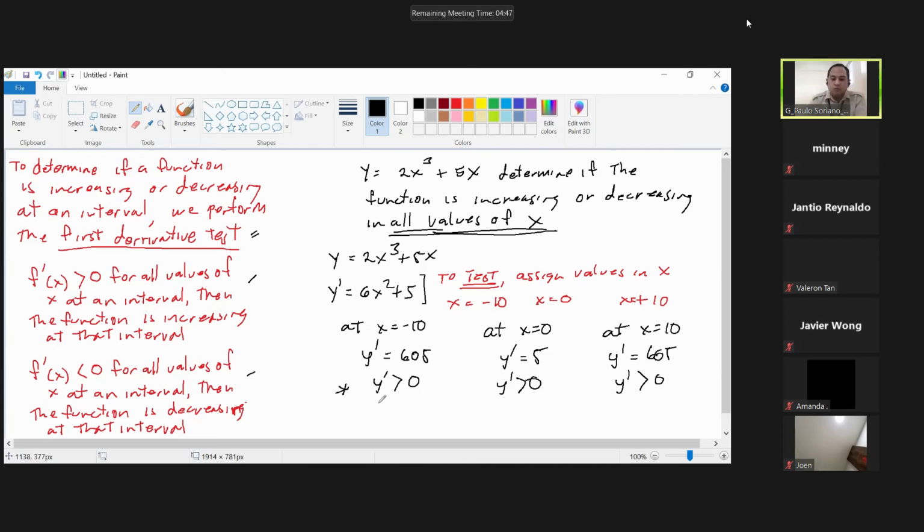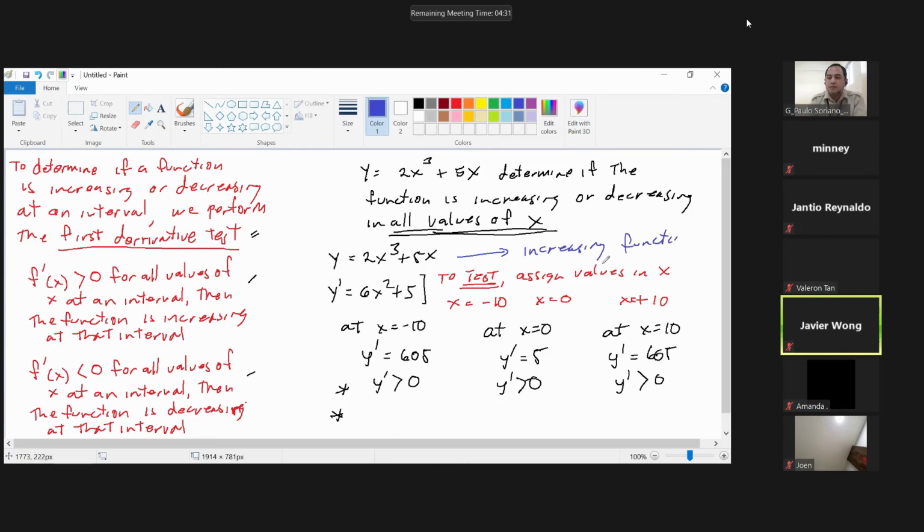So it is now safe to conclude that this function is increasing in all values of x. Increasing. It is now an increasing function. See, we were able to determine if it is an increasing function or decreasing function without graphing it, using a simple first derivative test.